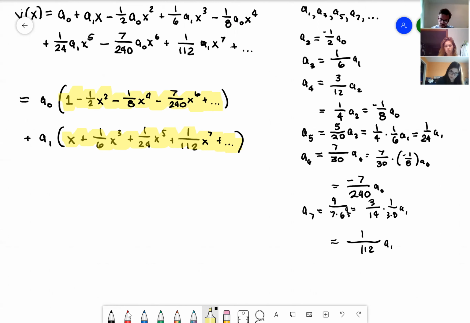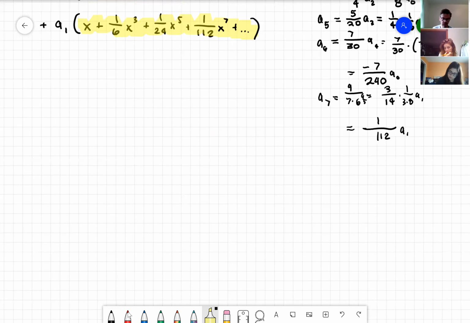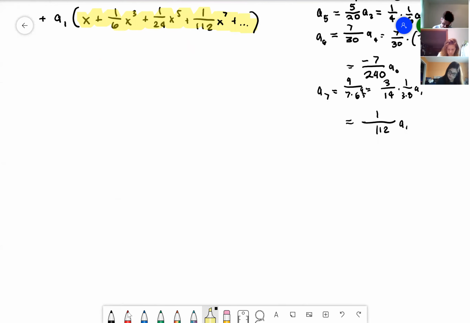Okay, so the next one. It's very much the same thing, so maybe I'll try to elide some of the steps together. Let's do this one in blue. y double prime plus x squared y prime plus xy equals 0.